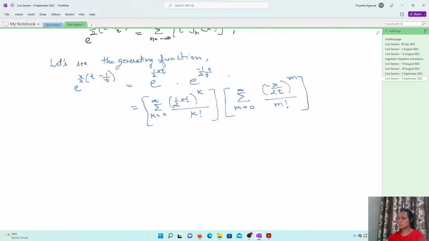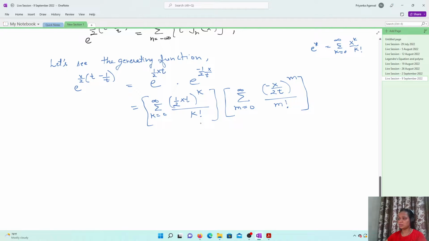So how has it come? We know that e to the power x can be written in this form, where this is x to the power k over k factorial, right?